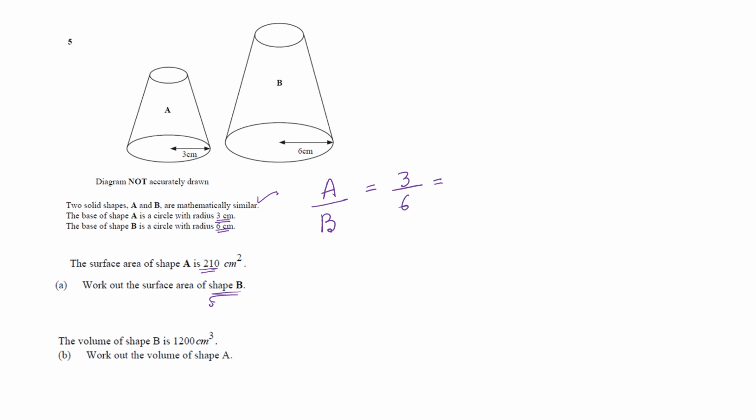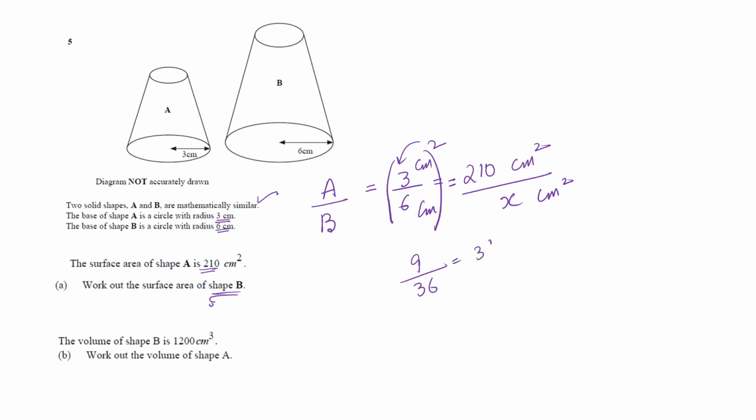Now the surface area of A is 210 centimeter square. Don't forget to write the units here to avoid mistakes. Now here square is given. If a square is given, you square the length or you square the radius. So 3 square means 9, 6 square means 36, equals 210 over x.